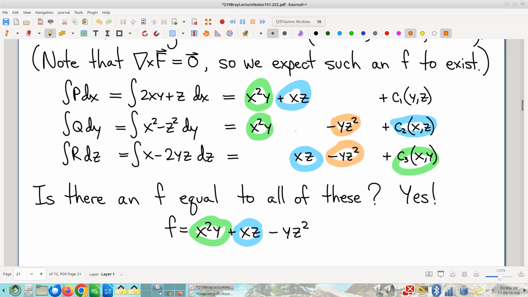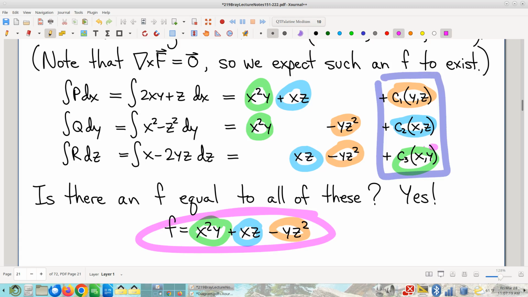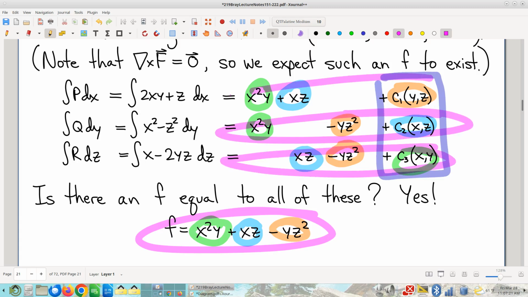Minus yz squared, right? None here. Oh, wait a minute. Maybe it is. Yeah, check it out. That first partial constant, any function of y and z, and minus yz squared, totally allowed. And so, as required, we have found allowable partial constants that make this equal to all three of these things.